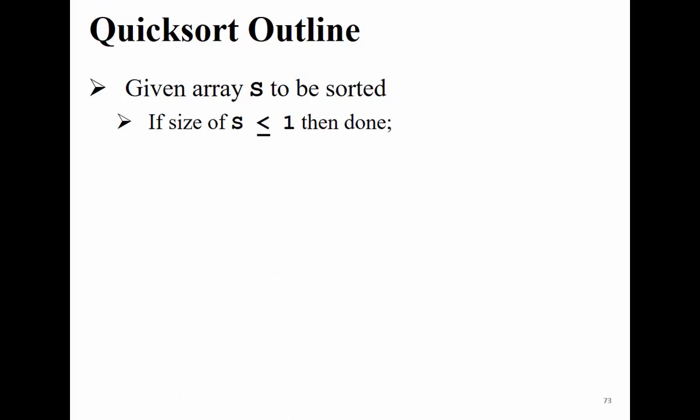So let's say you are given an array S to be sorted. If the size of S is less than or equal to 1, there is nothing to do. If the size of the array is greater than 1, pick an element V, called the pivot. Pick any element, at any location.